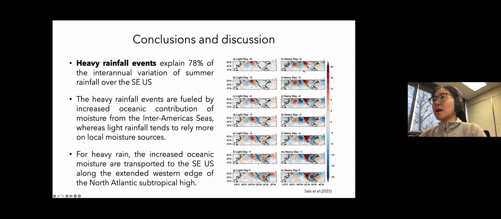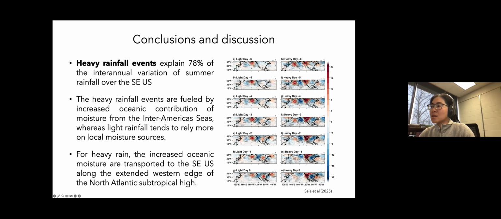And as the days go by, the high and low as a part of the wave train tend to intensify over the North American continent. And it indicates probably there's some wave train interaction originating from the Pacific Ocean starting to interact with the rainfall and moisture transport over the North Atlantic sector.